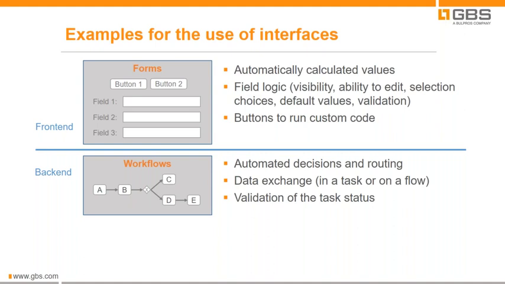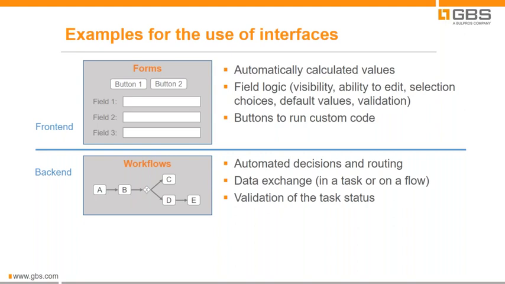Then data exchange. Of course, reading data from a system and writing data to a system can be done in a single task. If you look at the example, every time I'm in task B, at the end of task B, I will write my input to another system.